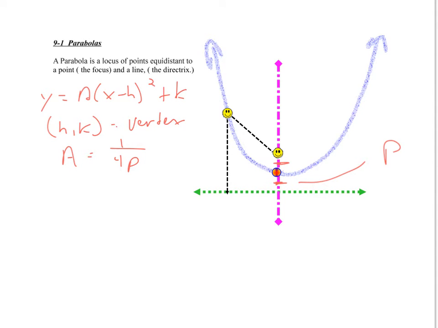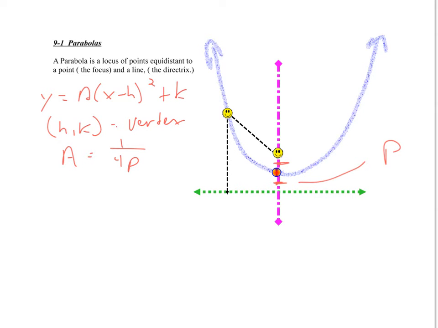A couple more words you need to know. This purple line right here is called the axis of symmetry. It is a line that's perpendicular to the directrix that passes through both the vertex and the focus.